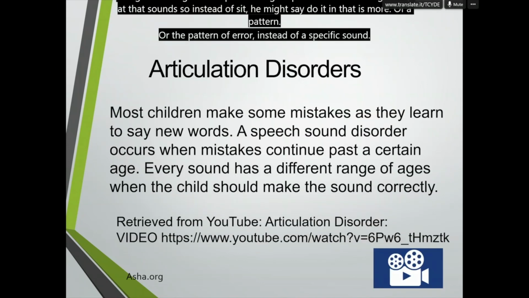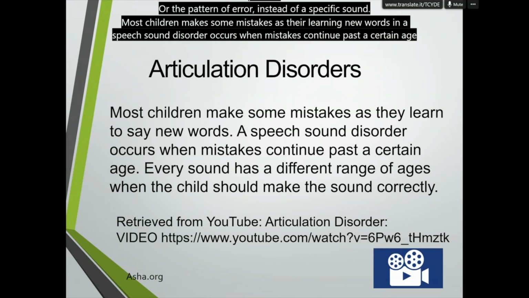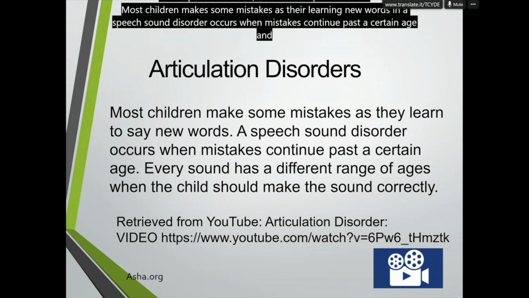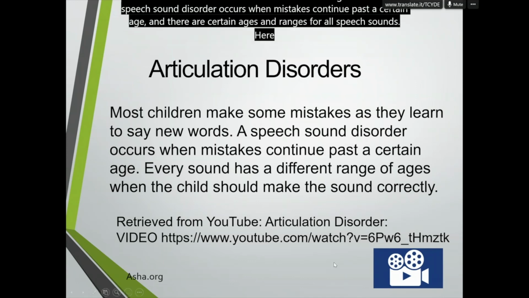Most children make some mistakes as they're learning new words, and a speech sound disorder occurs when mistakes continue past a certain age. And there are certain ages and ranges for all speech sounds. Here's an example if you wanted to watch this video of a student with a speech sound disorder.